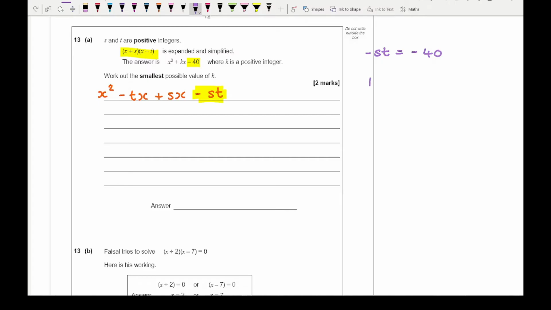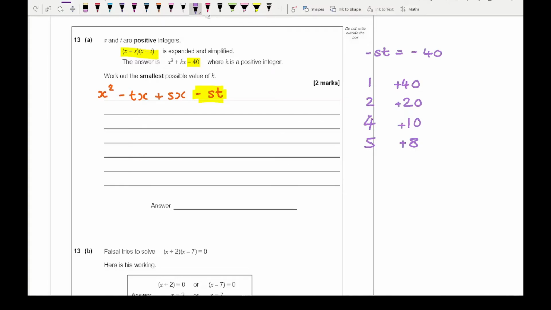So here we've got 1 and 40, we've got 2 and 20, we've got 4 and 10, we've got 8 and 5, and I believe that is it. So here are our 4 factors. Now because k is positive, it means that out of these two numbers, the bigger number has got to be positive. So here we're going to have plus 40, plus 20, plus 10, and plus 8.